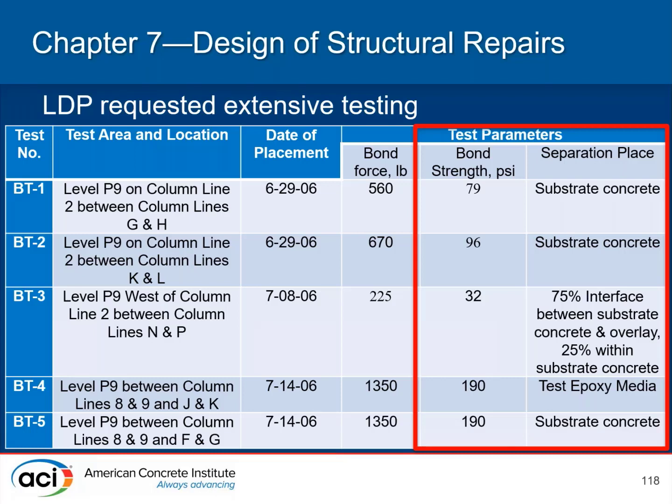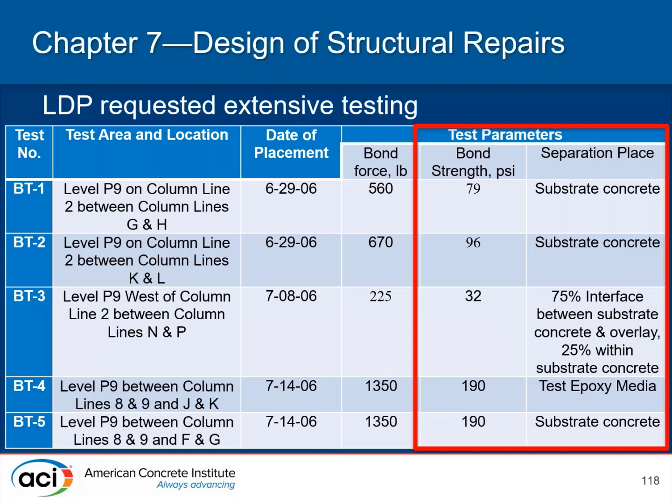Some failed at the interface between the substrate and the overlay, which potentially can be a result of surface cleanliness operations, etc. It was observed here that bond strengths were lower than was observed in the mock-up. Generally speaking, this gives interest in investigation of the issue.